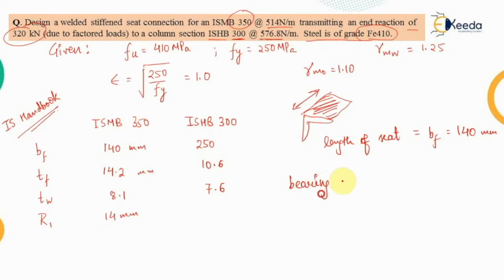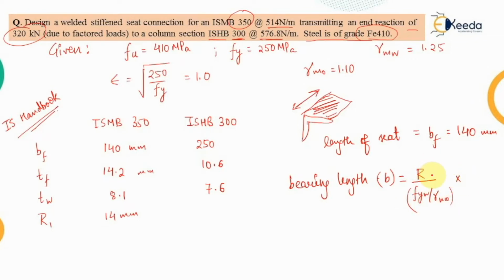As we have done in the other problems also, the bearing length of the seat has to be found out. That means the length on which the load must be acting, a length that must be available for the transfer of the load, is known as the bearing length, and it is given by the end reaction divided by the yielding stress divided by the factor of safety for the material, gamma m0.